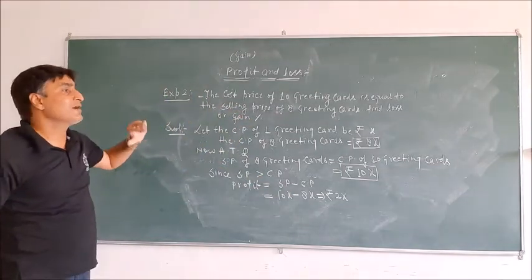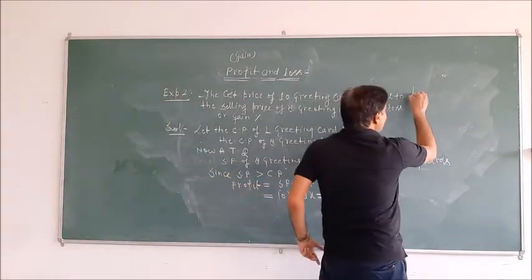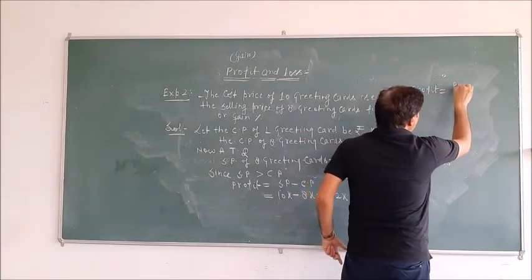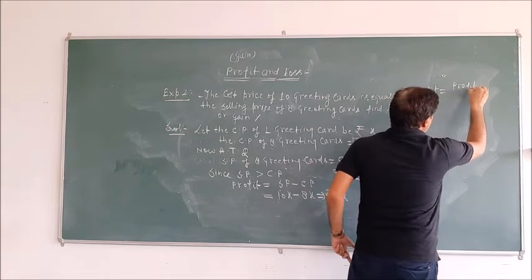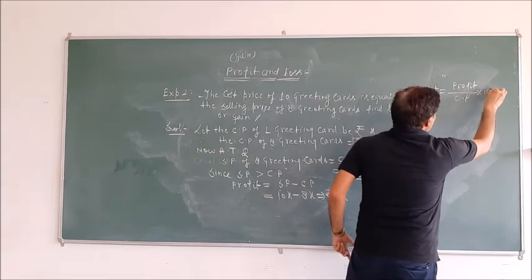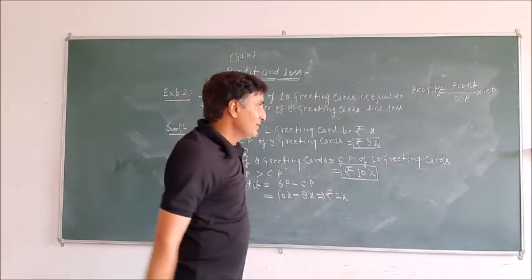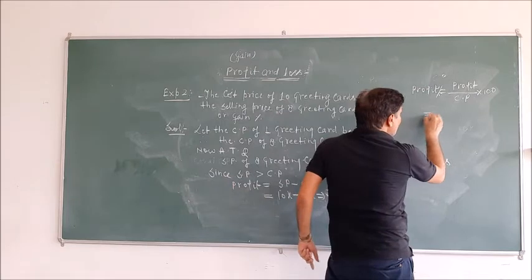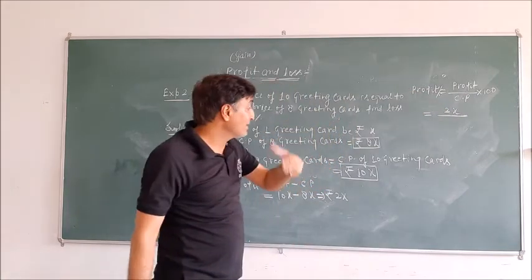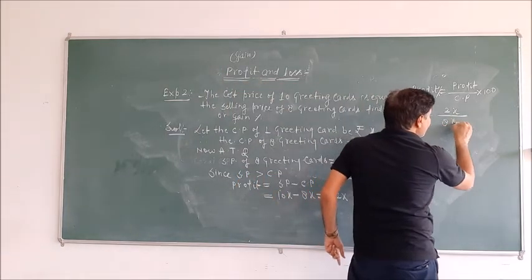Now this becomes the profit. If we want to find out profit percent, then profit percent can be calculated as profit divided by cost price into 100. Here we have profit of 2x, and the cost price of 8 greeting cards is 8x.